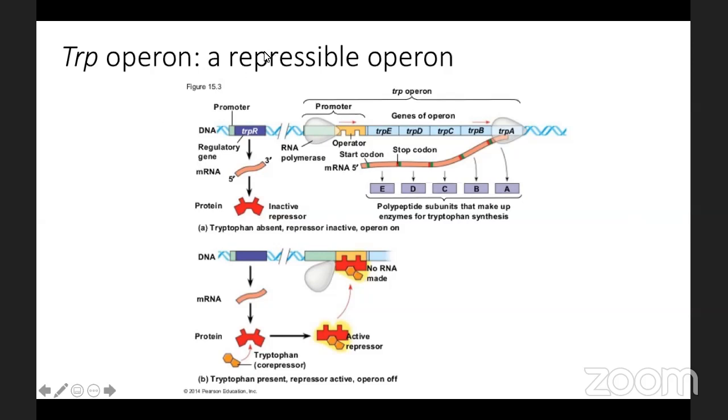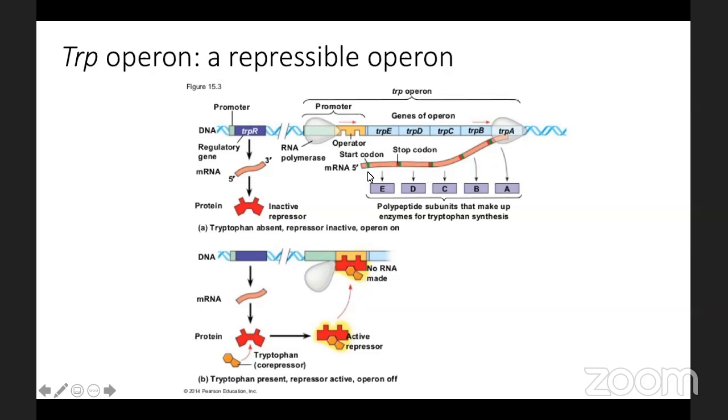Before we start, let's talk about where this name comes from. Trp comes from the amino acid tryptophan, and our cells, and bacterial cells, need tryptophan in order to build proteins. Instead of 3 genes, the Trp operon actually has 5 genes.